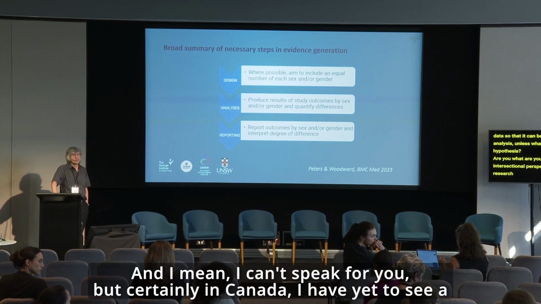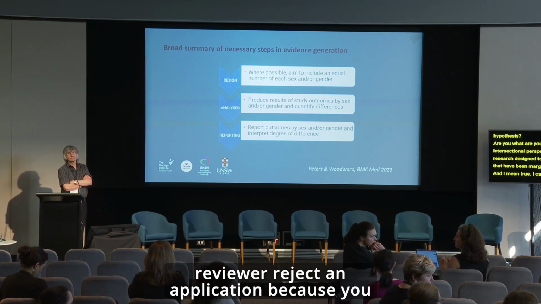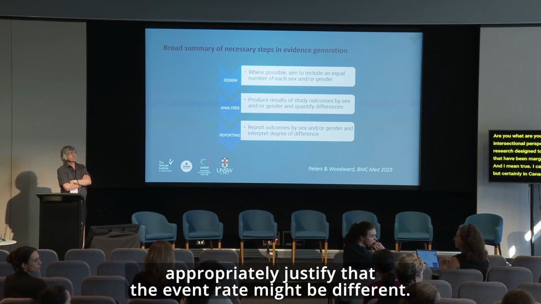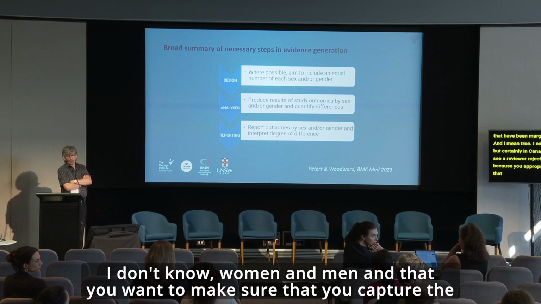Prue, I can't speak for you, but certainly in Canada, I have yet to see a reviewer reject an application because you appropriately justify that the event rate might be different in, say, women and men, and that you want to make sure that you capture the effect.